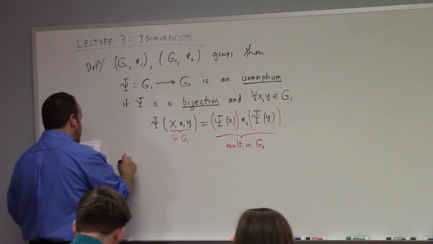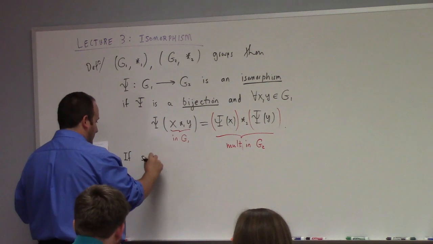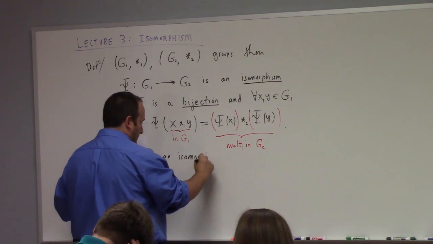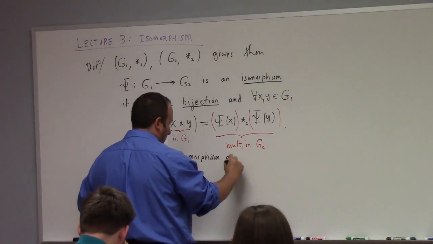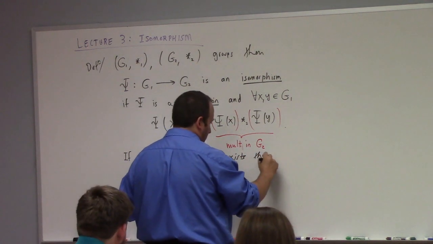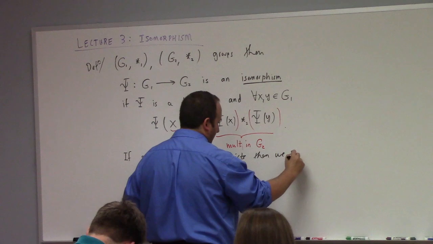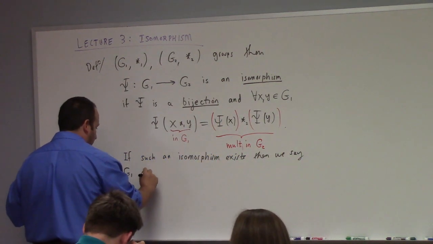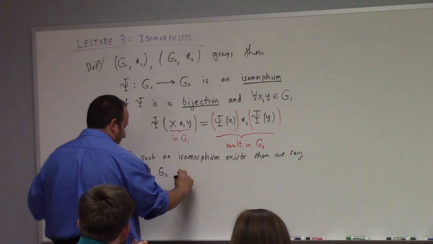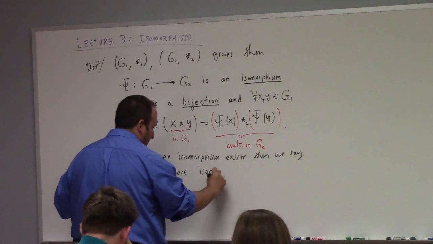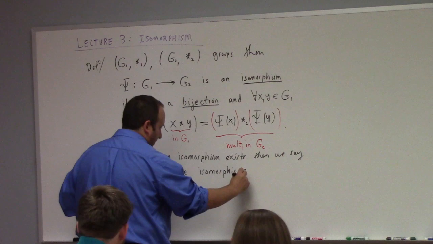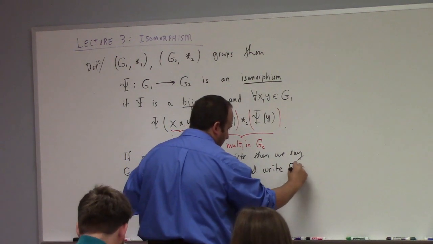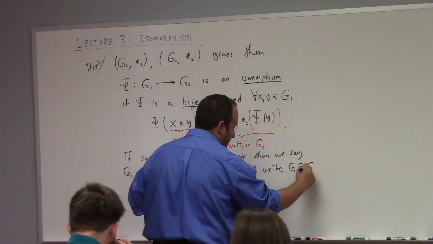If such an isomorphism exists, then we say G1 and G2 are isomorphic, and write G1 equals with a squiggle over it, G2.